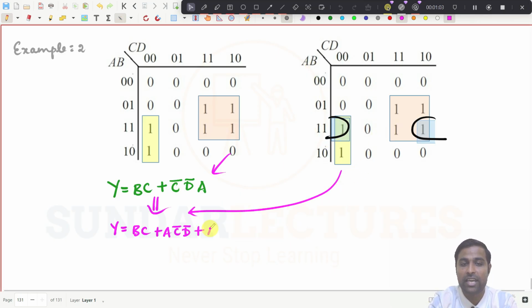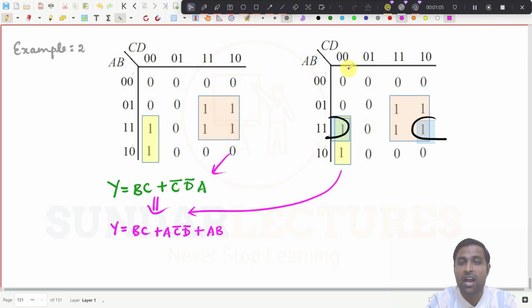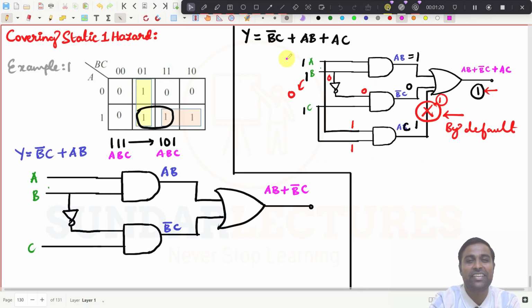So it is actually AB, straight away it is AB. And what is the common term in these two? It is D bar, right? So D bar is the common term. And this will eliminate the static one hazard as we seen here.